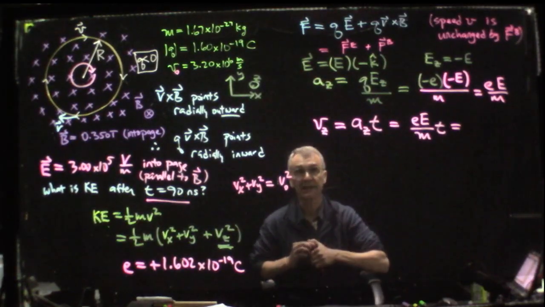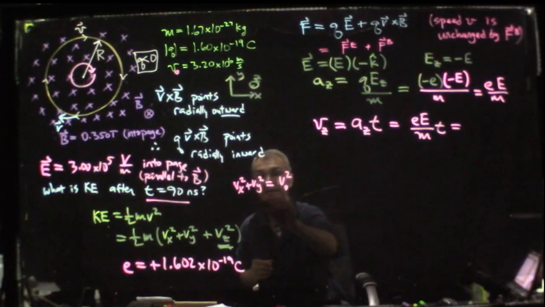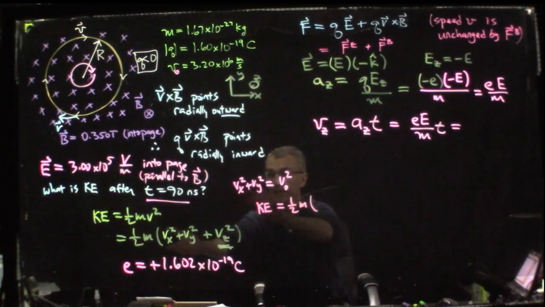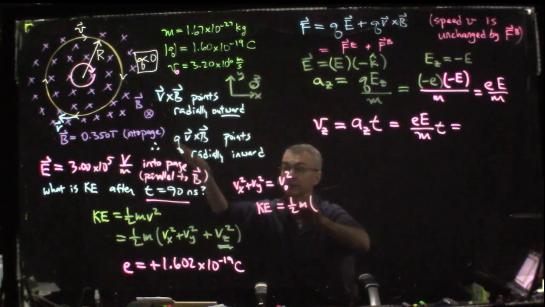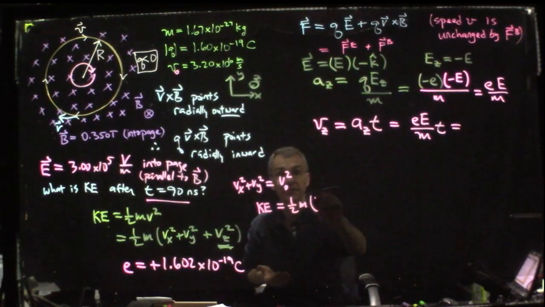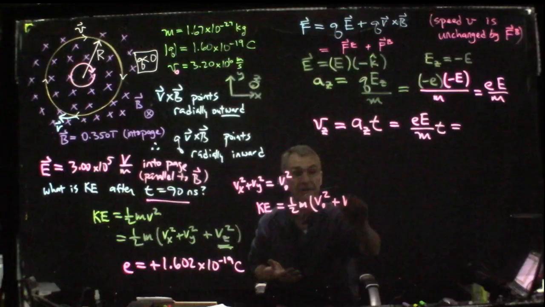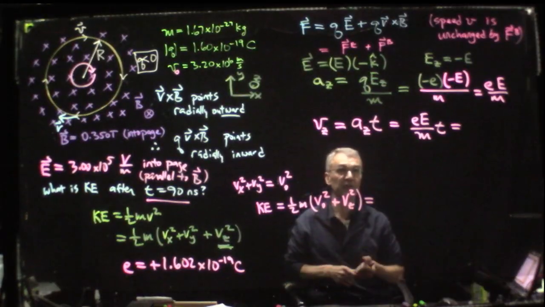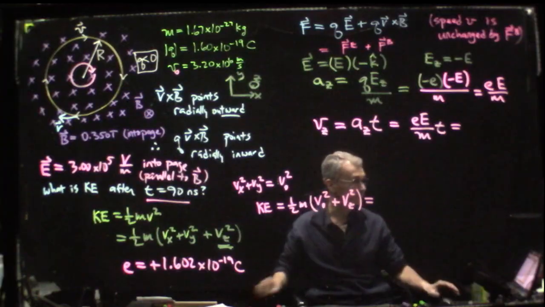So in the end of the problem, the kinetic energy is 1/2 m times Vx squared plus Vy squared from the start of the problem, that original speed that was entirely in the xy plane initially. So that's V0 squared, and then we add whatever Vz value we calculate here, squared. That's going to be our new kinetic energy. So let's work out these two sets of numbers.